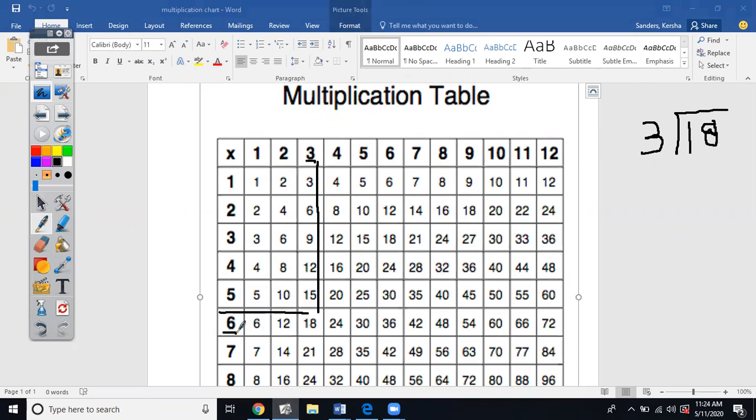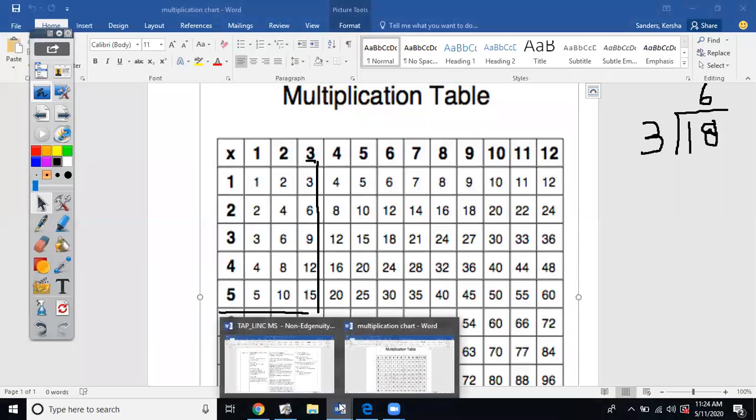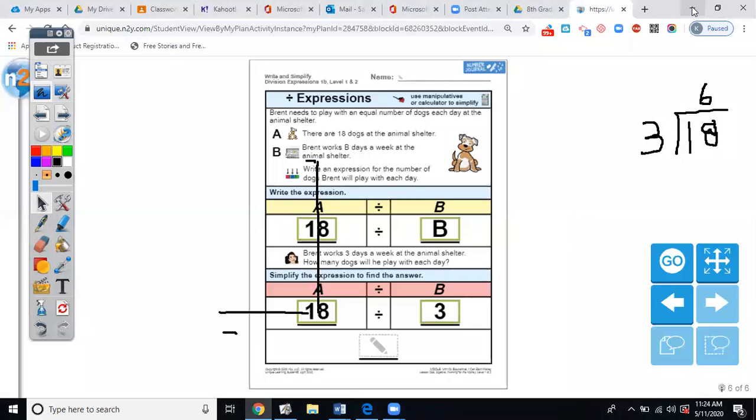That is our quotient, or our answer that goes right up here, 6. 6 times 3 equals 18. All right, now let's go back to our ULS page. Okay, so 18 divided by 3 is what we put right there, 6.